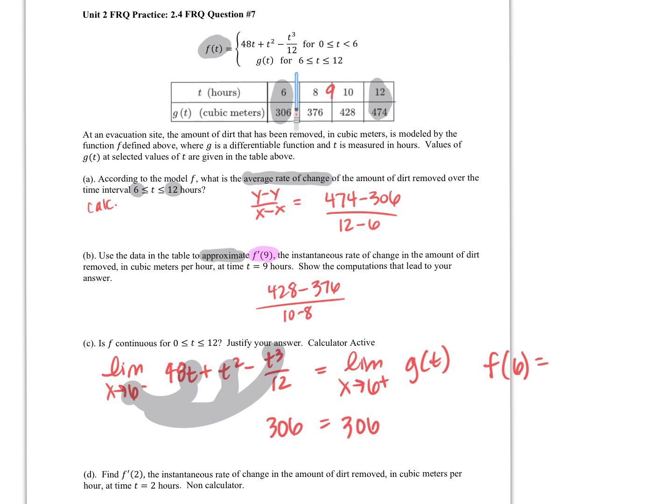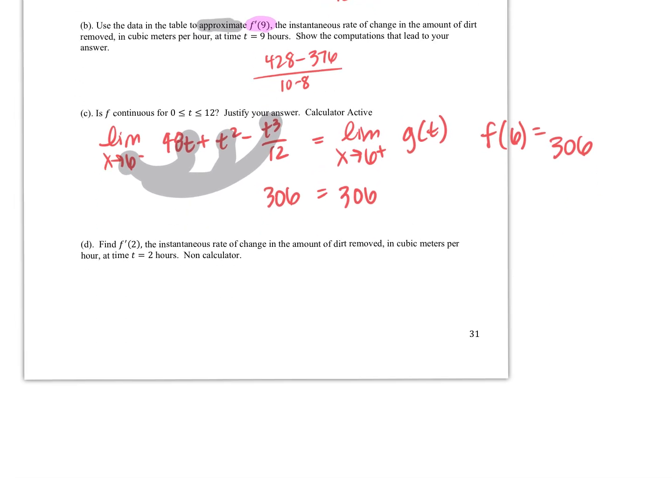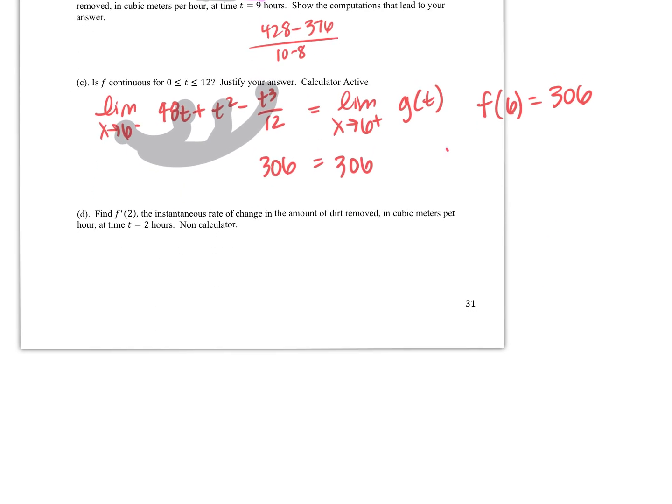At 6, I'd have to look at g, and g of 6 would be 306. So are we going to say continuous or not? We are going to say continuous, and here's why. We're going to say continuous because the limit as x approaches 6 of my function equals f of 6.